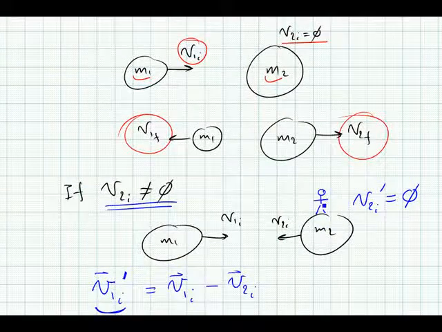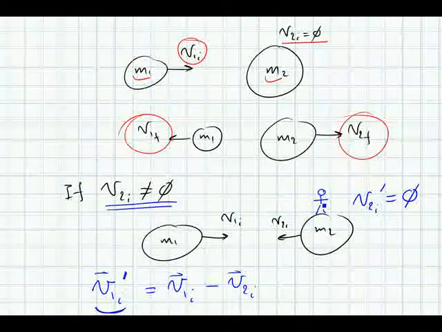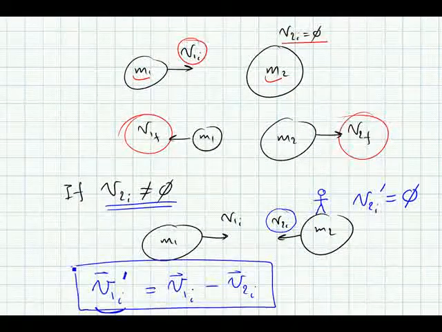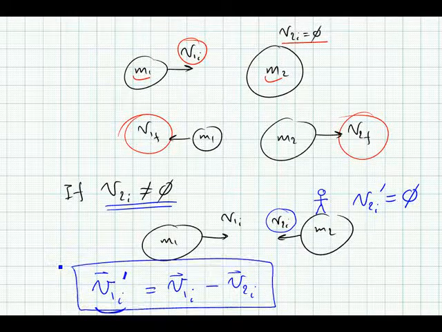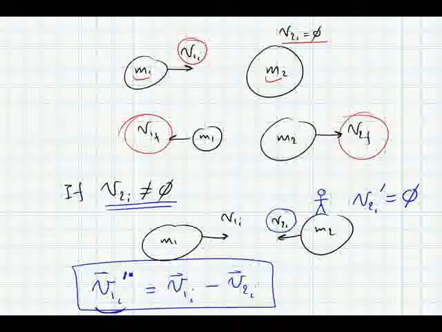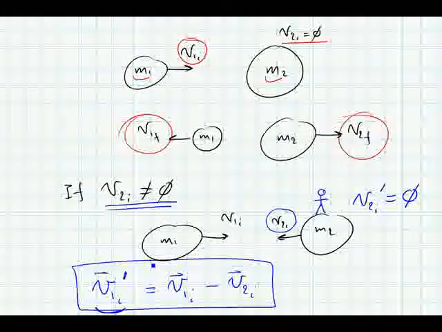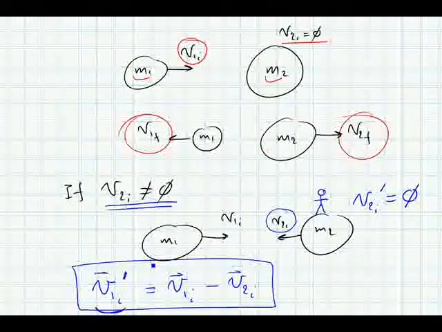So here's our observer standing on mass 2, moving with this velocity v2i, and using the Galilean transformation, we now define a relative velocity for mass 1 with respect to the moving reference frame which is situated on mass 2.